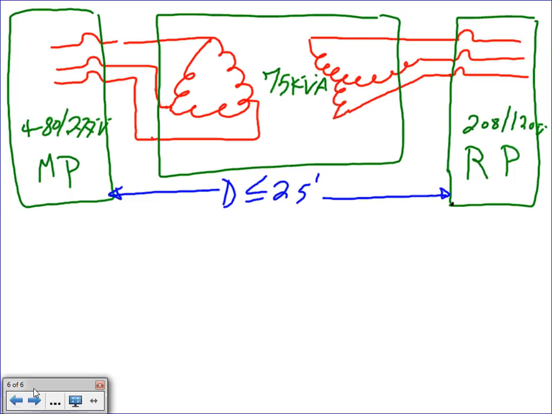So it's the cable distance. From the overcurrent protection device you measure the cable to the transformer, through the transformer, and out of the transformer to the second panel. That's the distance of the cables through the transformer between the two panels. 25 feet or less. That's the tap rule for transformers, 25 feet or less.